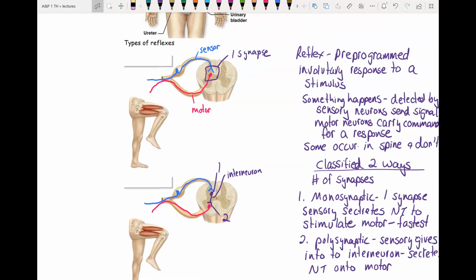In a contralateral, you would have your sensory coming in, and then we would have a motor that comes out this way. So if this receptor and the sensory information is on one side and the motor response is on the other side, that is your contralateral.